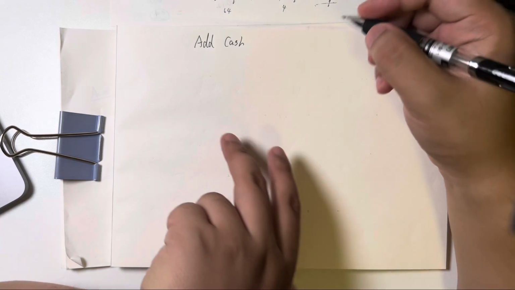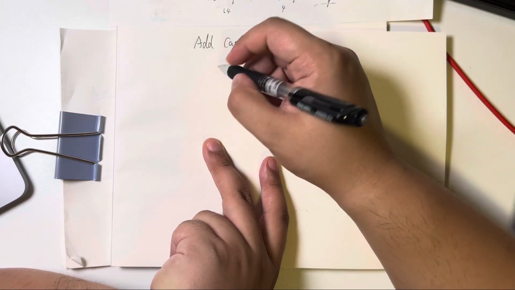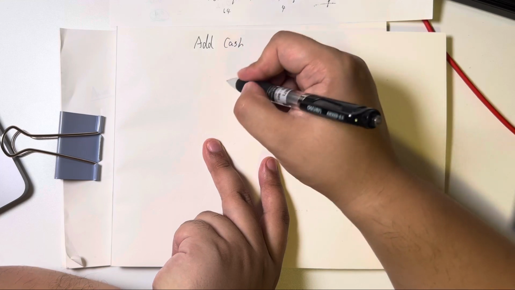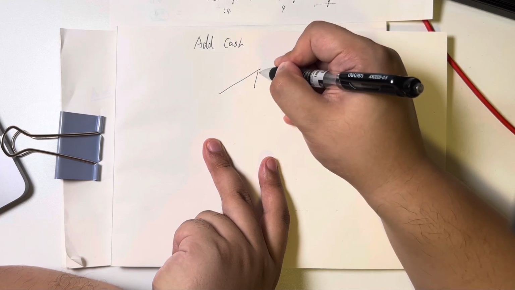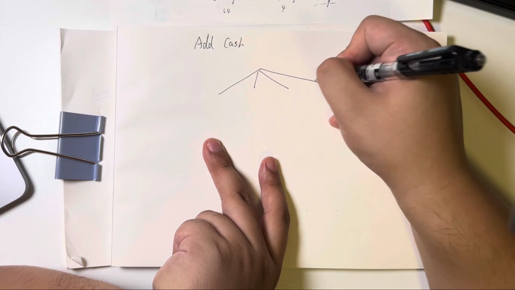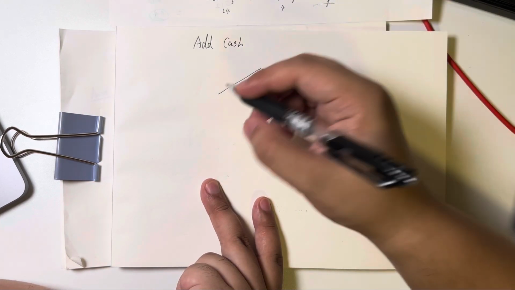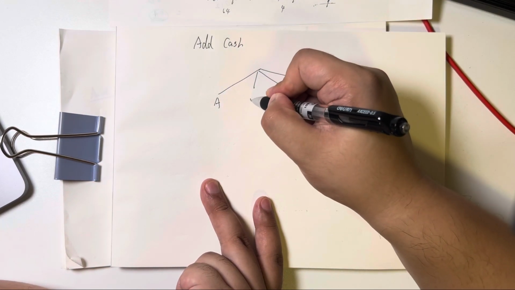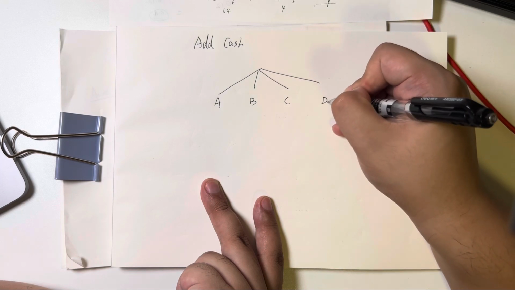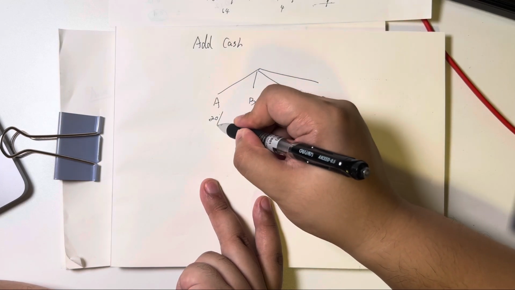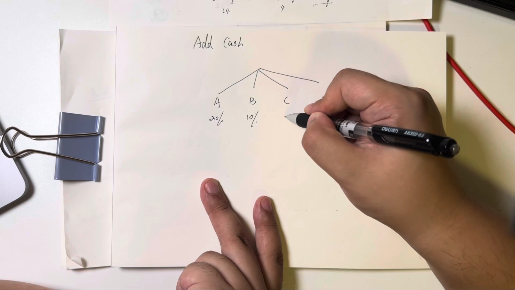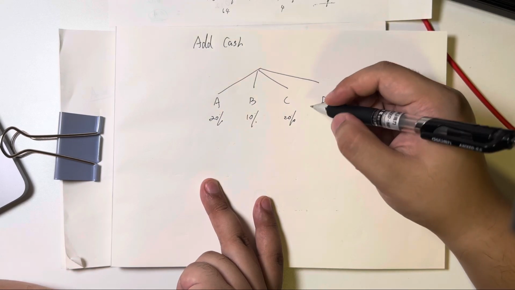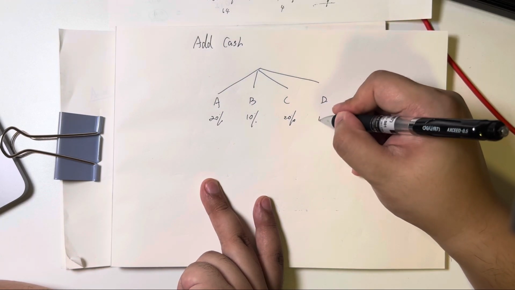Okay, so let me just give you another example. So normally, when you're calculating the information ratio, you invest in assets A, B, C, D. So for example, you invest say 20%, 10%, then 20%, then maybe 50%.